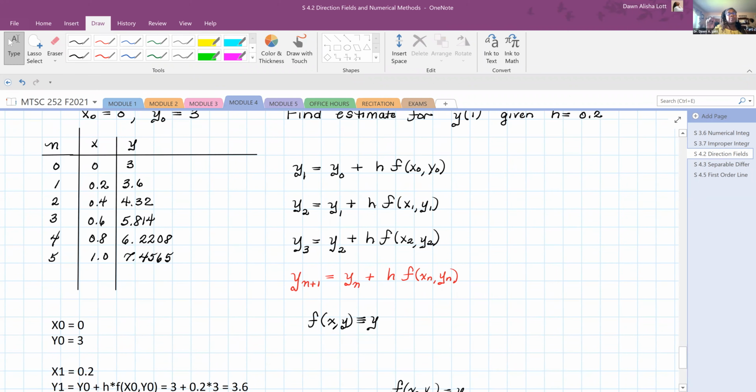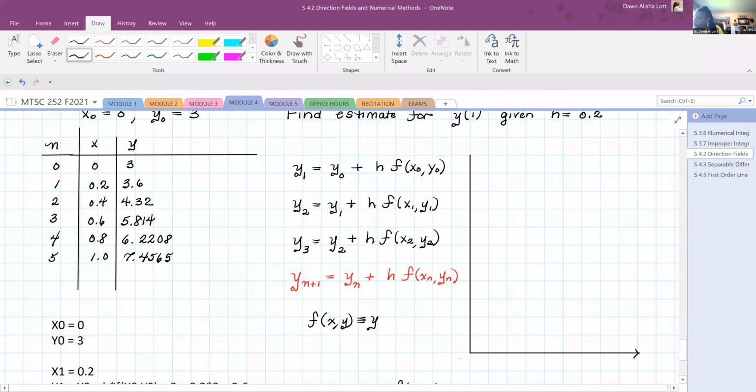So if I were to plot that, at 0, I am at 3. At 0.2, I am at 3.6.